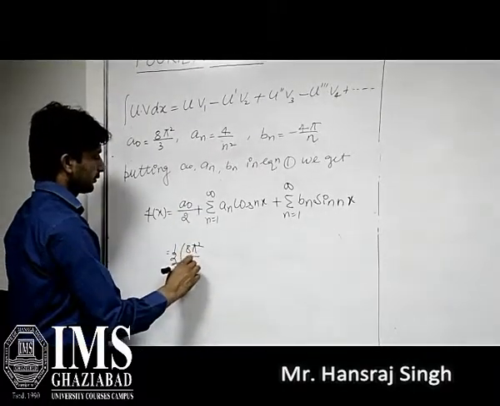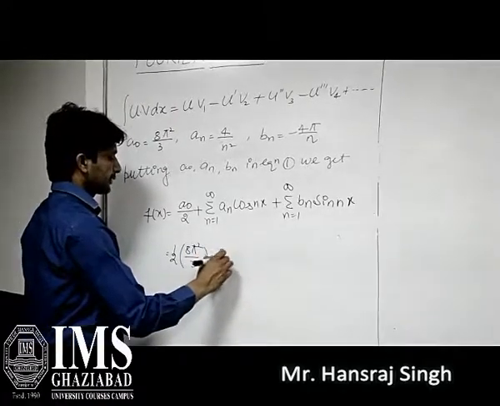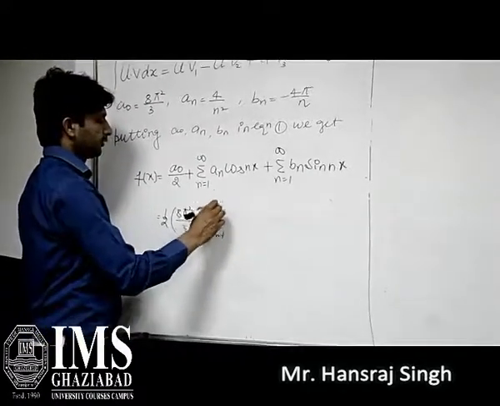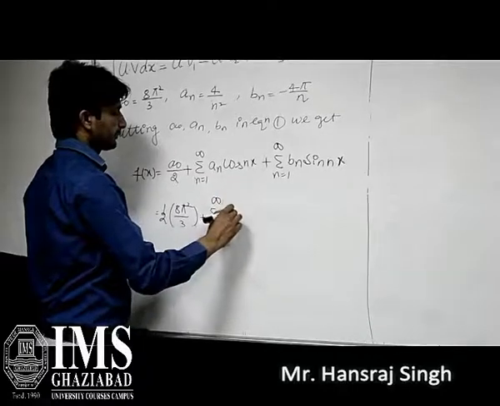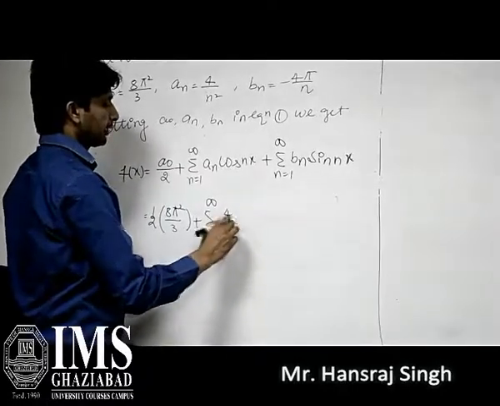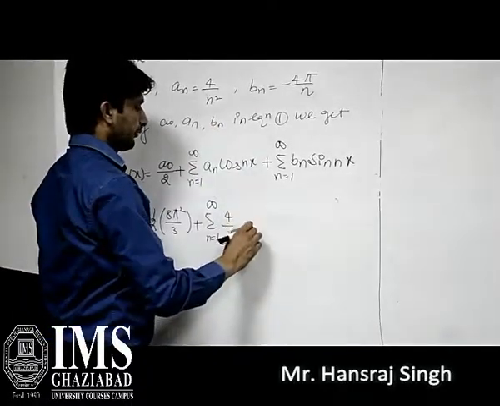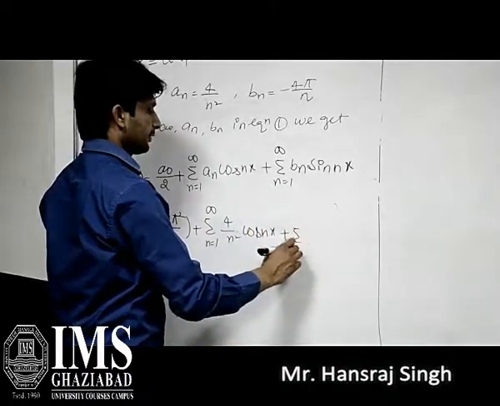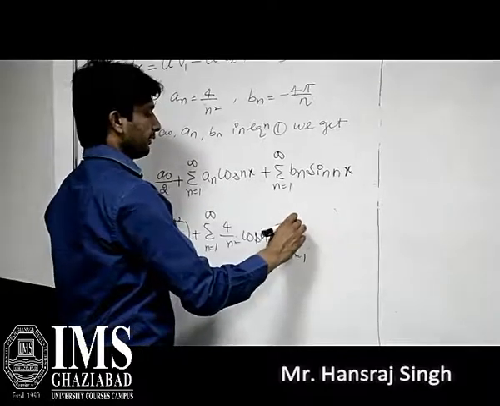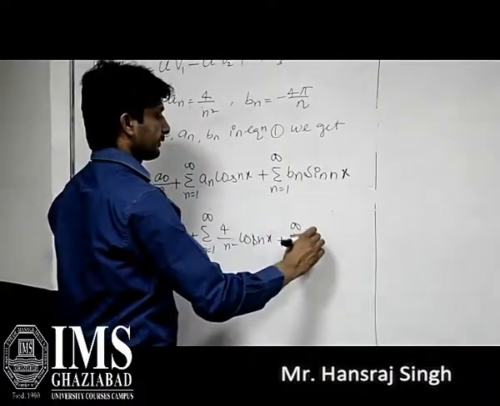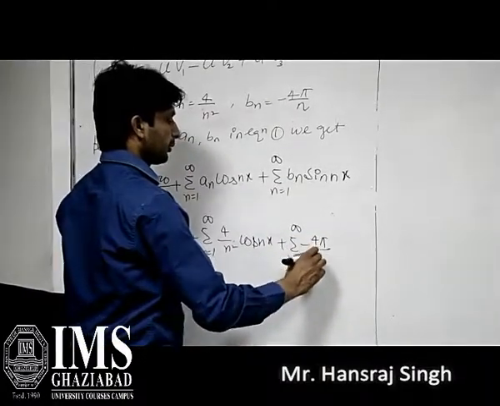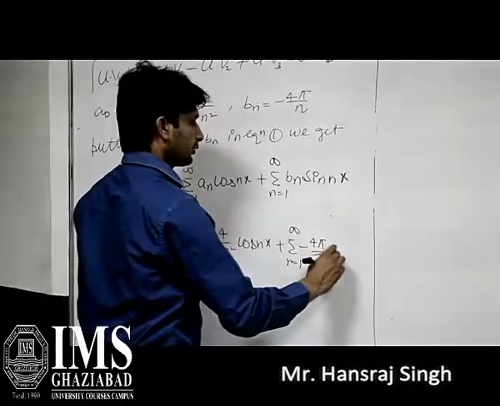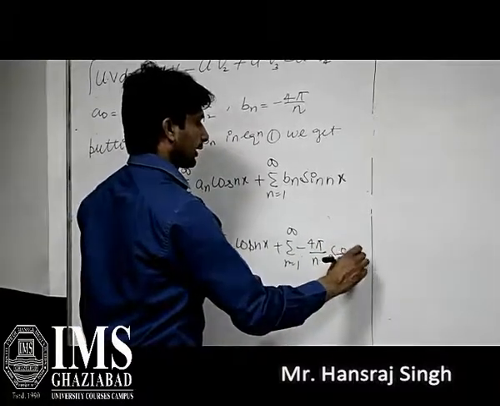This is square upon 3 plus summation of n equals 1 to infinity of 4 upon n square cos nx, plus summation of n equals 1 to infinity, where bn is minus 4 pi upon n into sin nx.